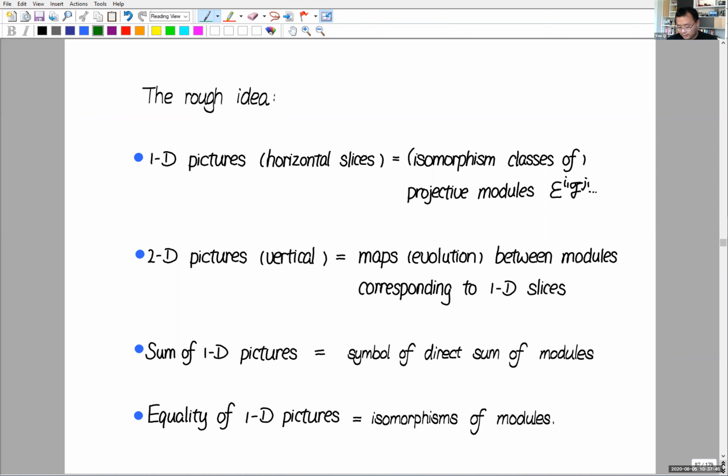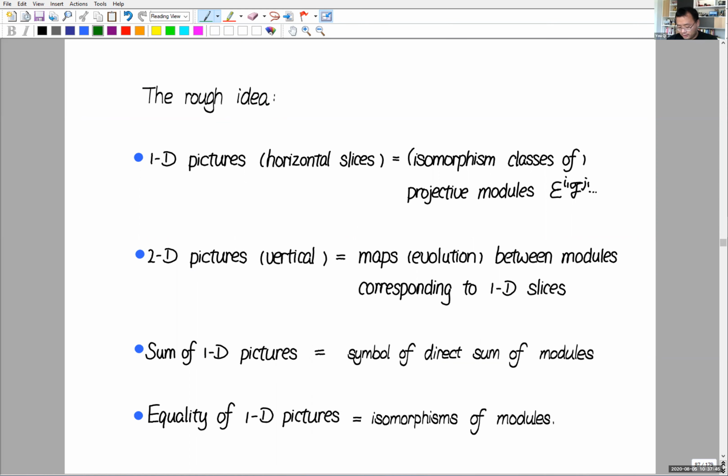So this is a projective module. And how does a projective module evolve into something on the right-hand side? Maps between E and F now become whatever picture you can fit in between this projective module EF.